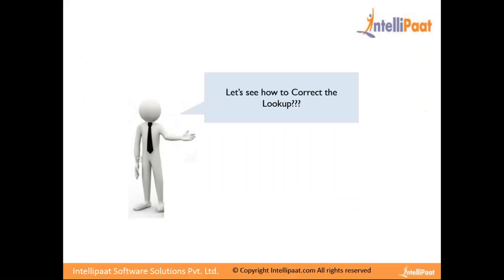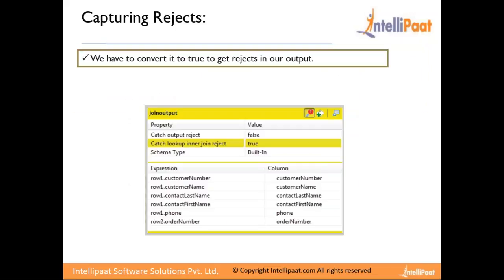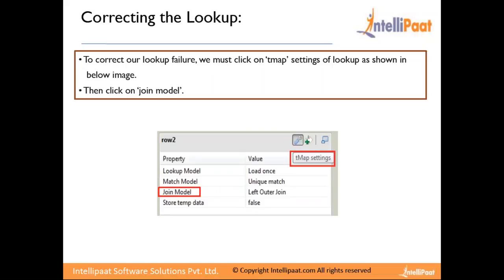In that case, you have to see what settings you have applied. In the previous one, we had given this as inner value, but it failed. You have to give the join model same as the inner join lookup. Then only we can capture.